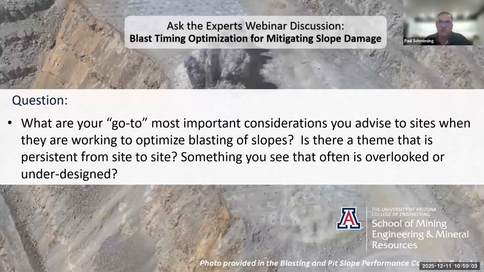One of the things that I've been noticing is that's kind of under designed is in the corners. Some places it seems like the pattern, they'll start laying out the holes and they won't adjust. Let's say the holes are laid out in a north-south pattern, and then if the corner, as the azimuth changes, they may or may not really be adjusting the production holes to match that azimuth, and you end up in the corners of having excessive burden between your holes.